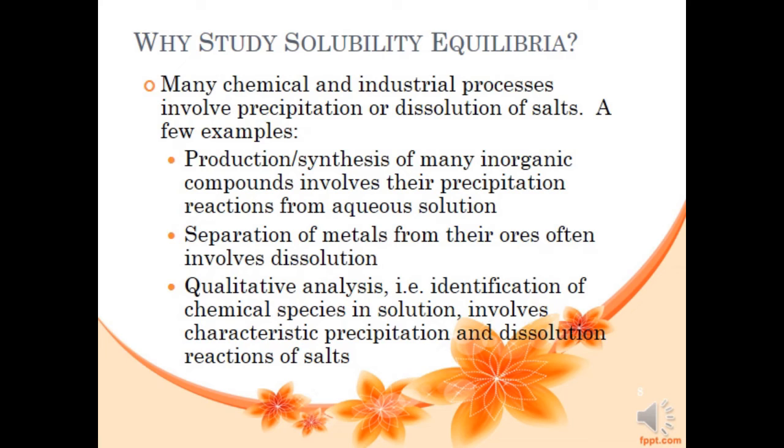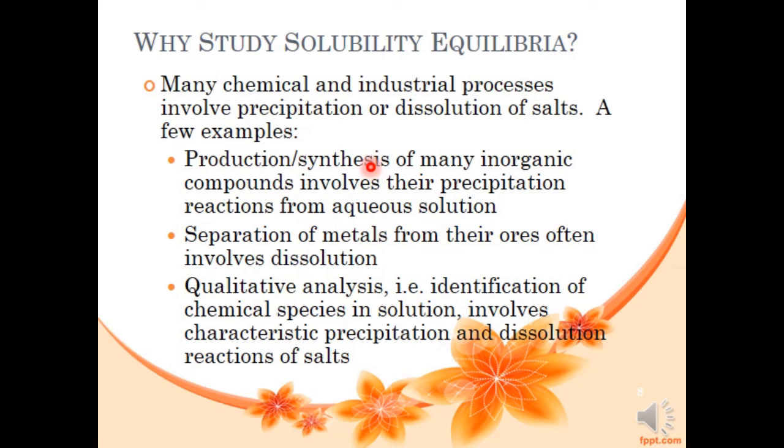So this is an example of solubility equilibria in industry. For example, production or synthesis of many inorganic compounds involving precipitation reaction from their aqueous solution. So how to get solid from aqueous?